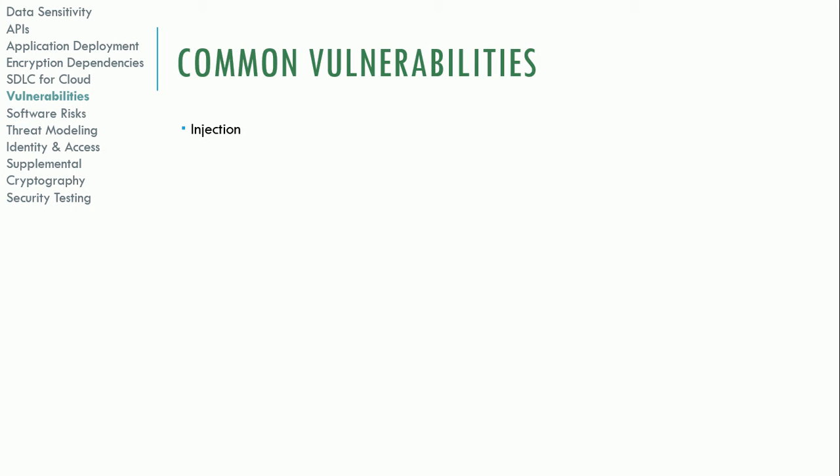There's other types of injection attacks. You can do injection attacks with JavaScript, or with XML. You could do injection attacks that are directory traversal attacks and things like that.